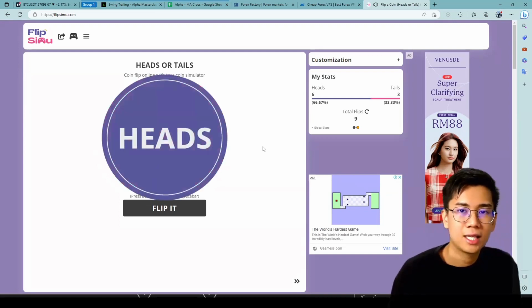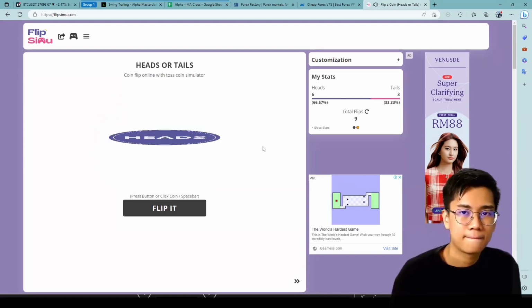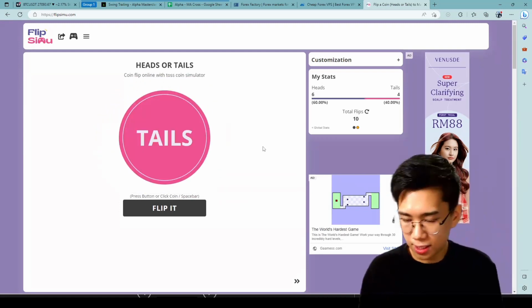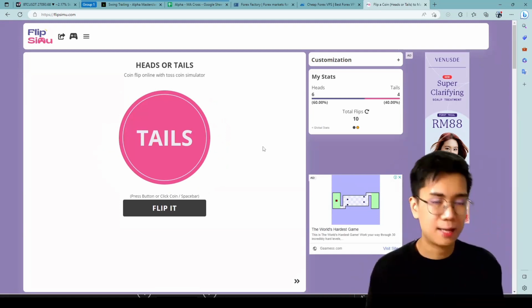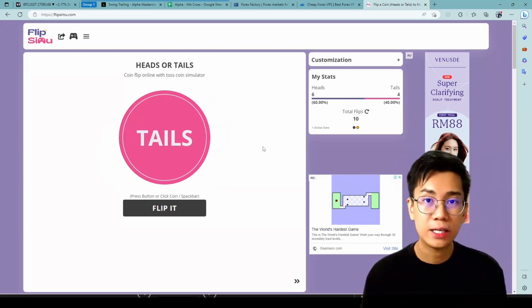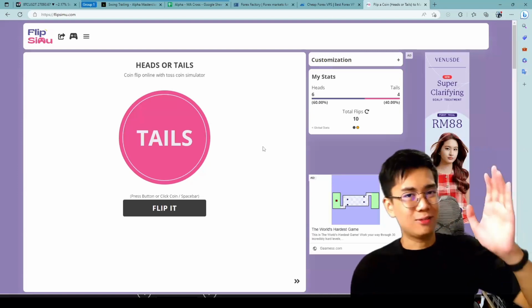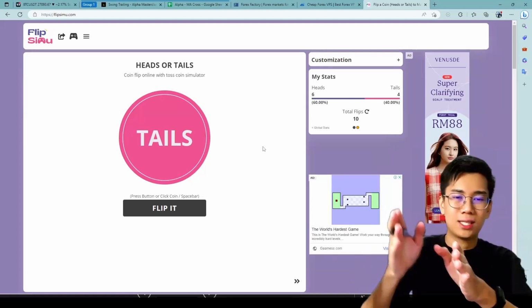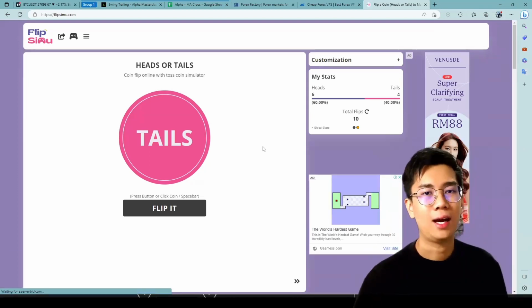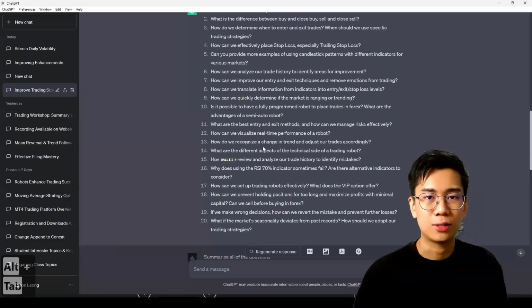I flip again. Tail. Now you see, I flip for 10 times. You know the probability of head is 50, tail is 50. But does that happen to be surely one head, one tail, one head, one tail? No, right?